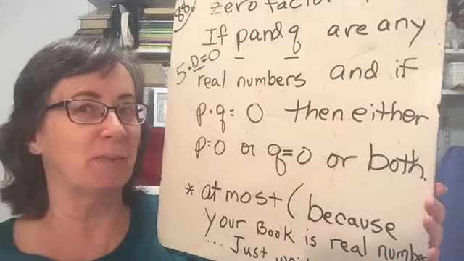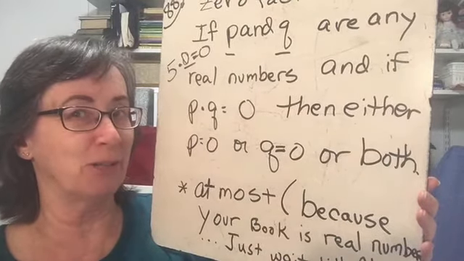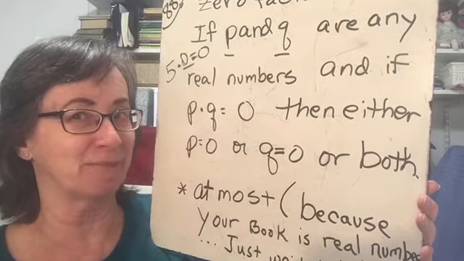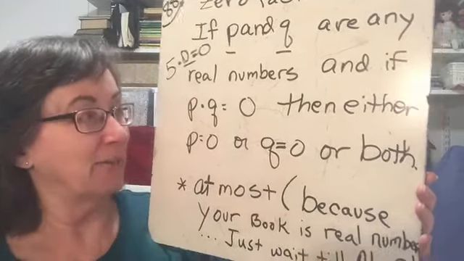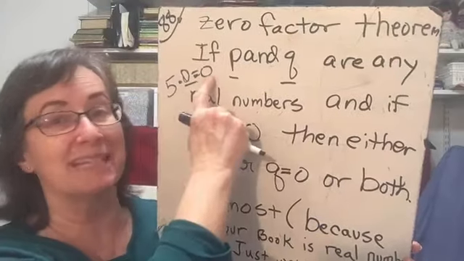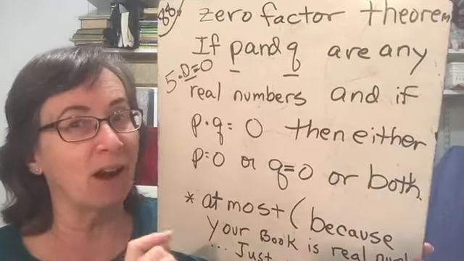See if you can make a product that's equal to 0 without using a 0 as a factor. You can't do it. Okay, so that's what this zero factor theorem is telling us. It's saying that if we have a 0 product, one of our factors must be 0. And in order to find every possible factor, we set all factors equal to 0 and we solve.